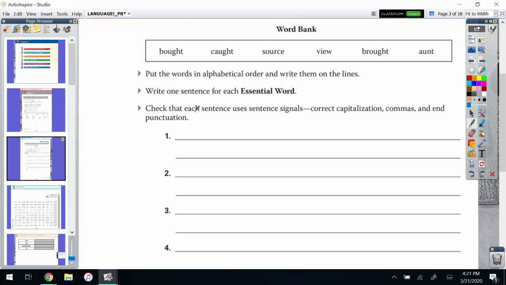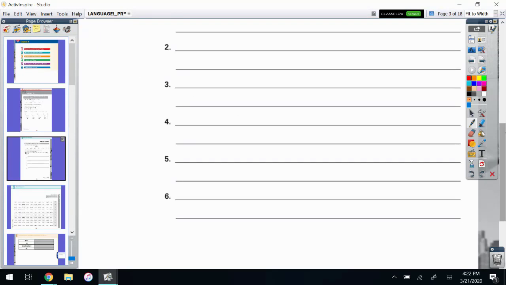What you need to do is to put the words in alphabetical order and write them on the lines. Write one sentence for each essential word. Then check that each sentence uses sentence signals, correct capitalization, commas, and end punctuation. You can pause the video, do this, and come back to it.